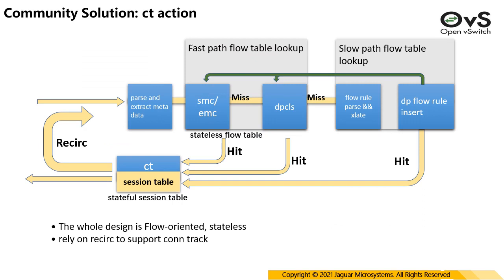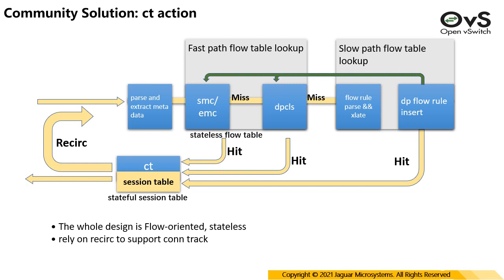From the data plane point of view, the whole design is flow-oriented and stateless, which means it's hard to keep per-connection status information inside a flow. Thus, to support connection tracking, we create a new session table and maintain it inside the CT actions.